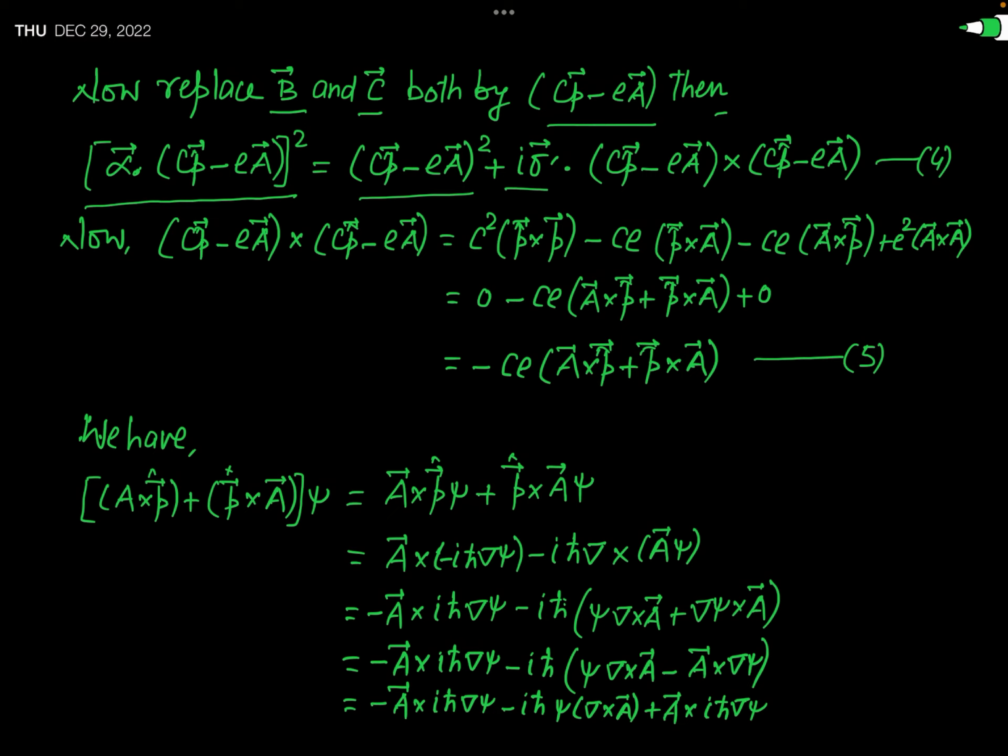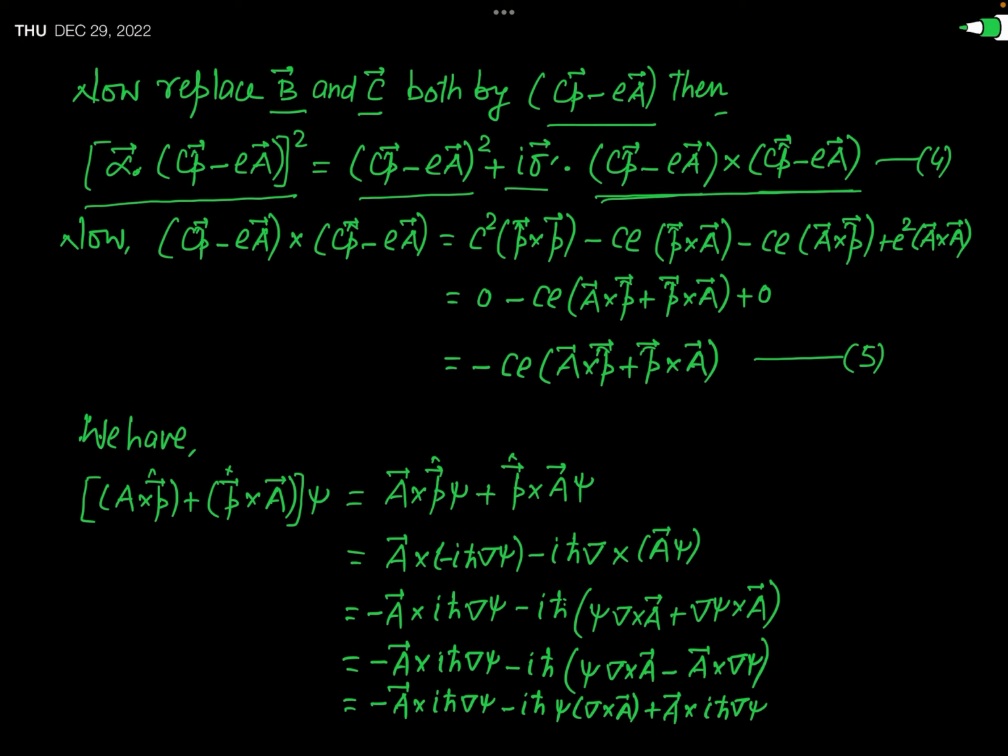But we have assumed that b is equal to cp minus eA and c is also equal to cp minus eA. Okay. So I have substituted here, in place of b and c, cp minus eA. Now we will simplify this vector product, (cp minus eA) cross (cp minus eA).